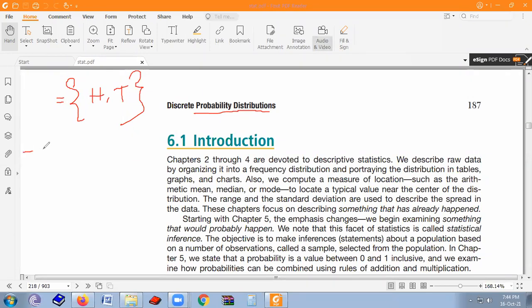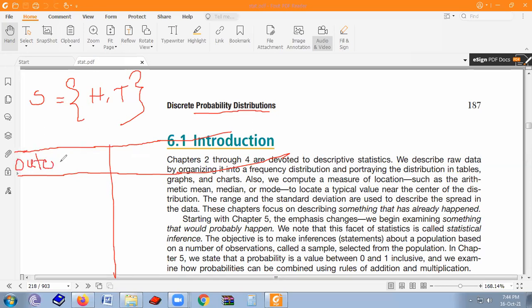If we make a table of outcomes and their probability, for example in our coin tossing example, the first outcome is head.